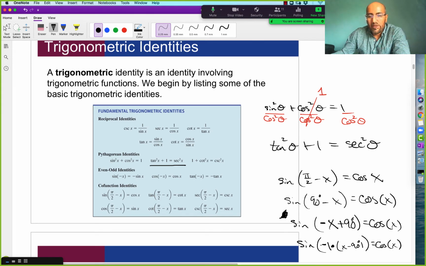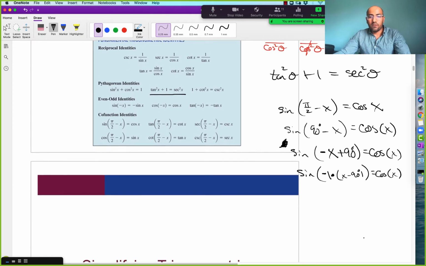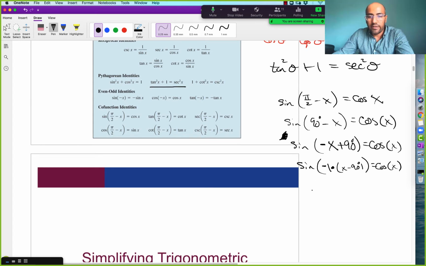Okay, so remember that if we multiply the argument of the function by a negative, it's a reflection about the y-axis. So this is the sine function reflected about the y-axis and then shifted to the right by 90 degrees, and that is actually equal to the cosine function.